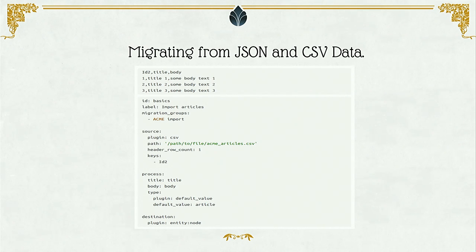Then there is a destination. So first is source, then process, and destination. In the source, you say which CSV file you're going to migrate and where it is placed. You can give an absolute path as well as a relative path.